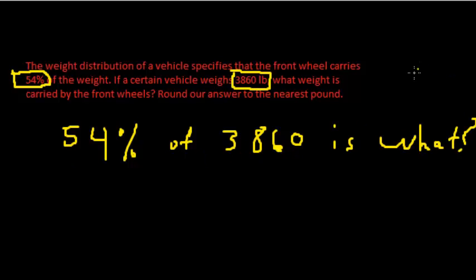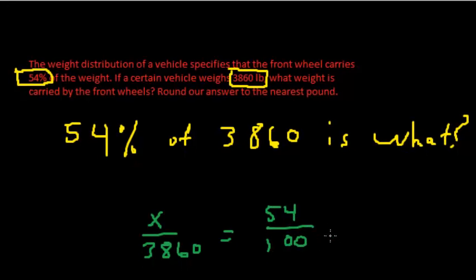So we have our sentence now that we pulled out of this problem. We convert that to our proportion problem. Is over of is equal to our percent over 100, so 54 over 100.